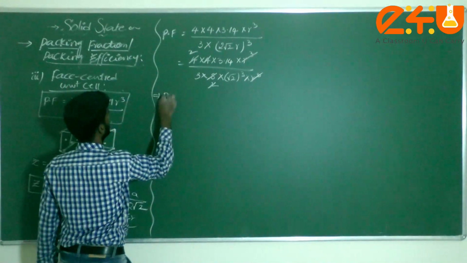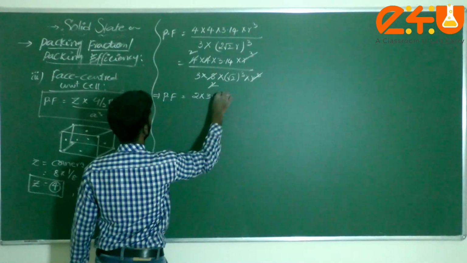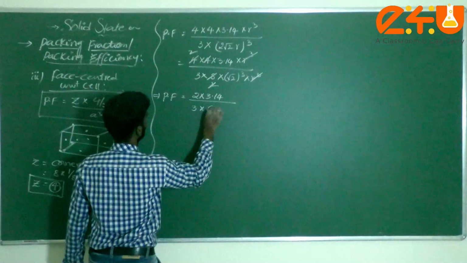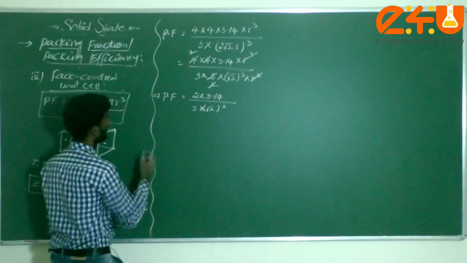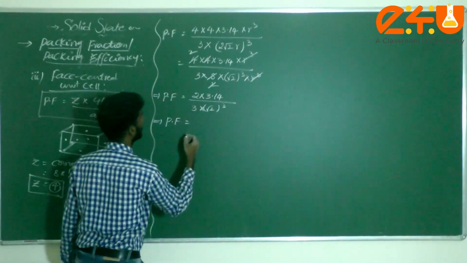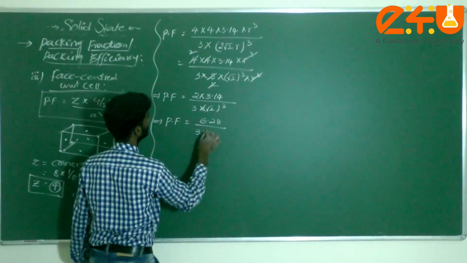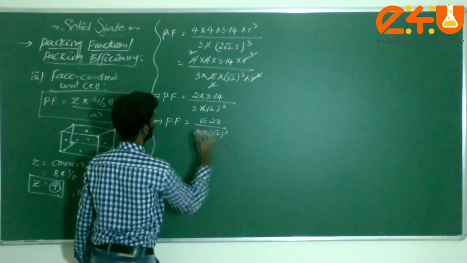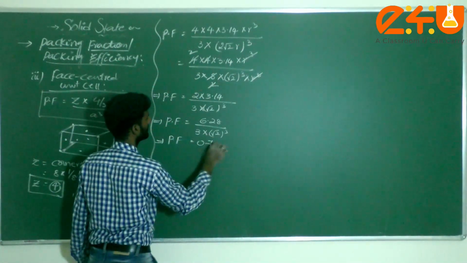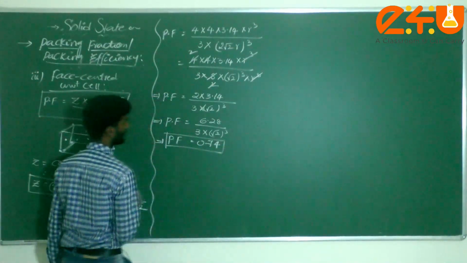That implies the packing fraction is equal to 2 into 3.14 divided by 3 into root 2 whole cube. If you multiply, the total is 6.28 divided by 3 into root 2 whole cube, and finally you have to write approximately 0.74. This is the packing fraction.